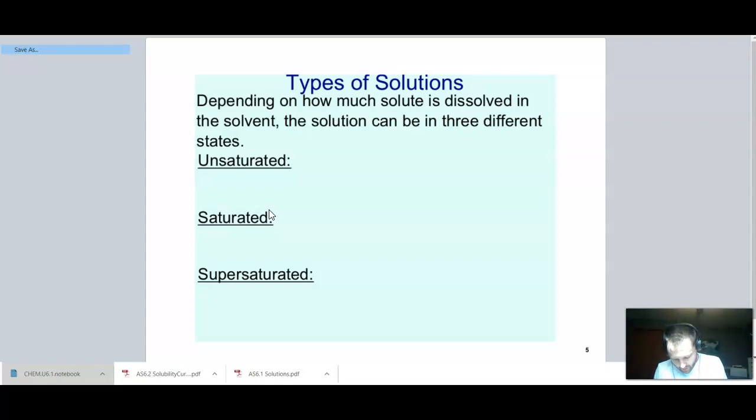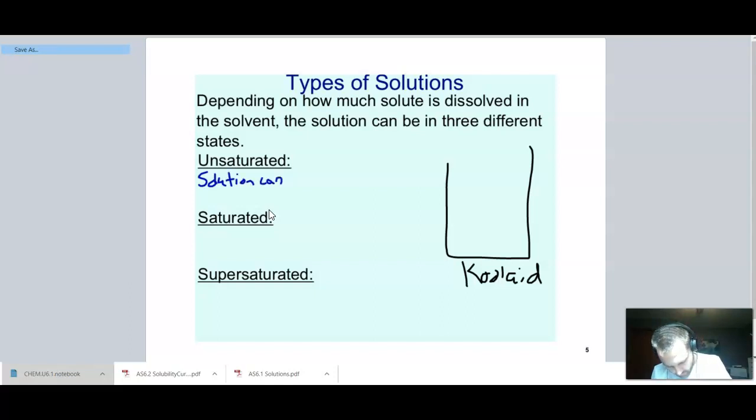So unsaturated, this would basically be like if you have your Kool-Aid. Unsaturated really means the solution can dissolve more. Or I suppose if I'm being picky here, I should change this to the word solvent.